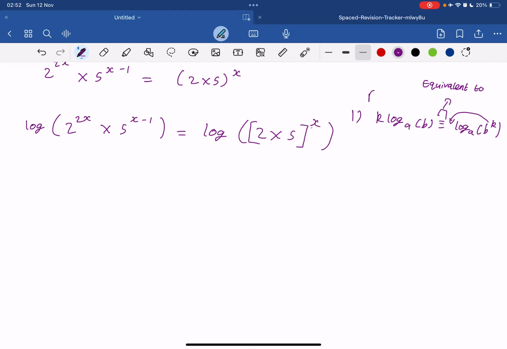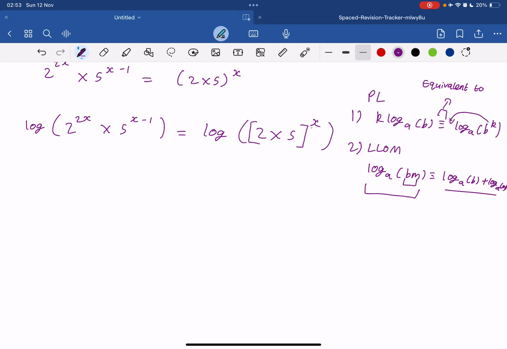That's the power law. Second one is the log law of multiplication, which is log base a of bm equals log base a of b plus log base a of m. So it's essentially when two values are being multiplied inside of a logarithm, you can split them up.